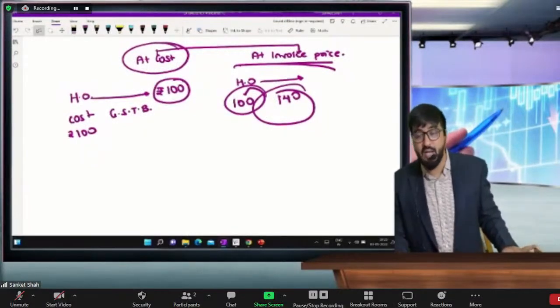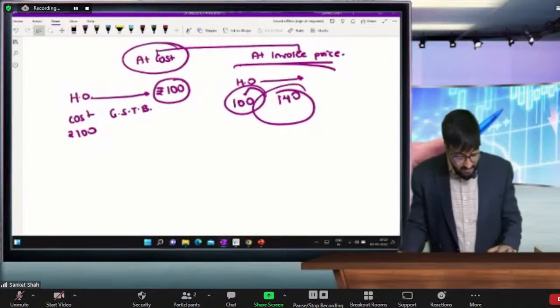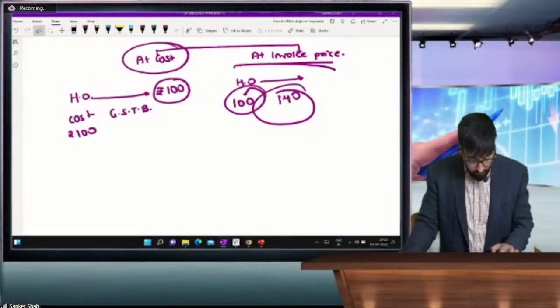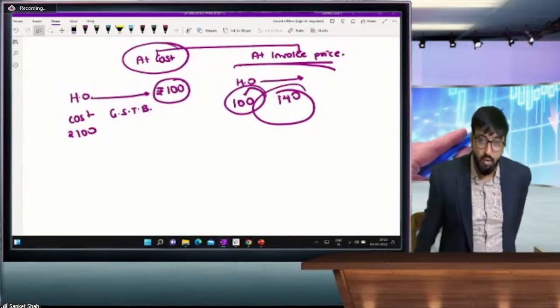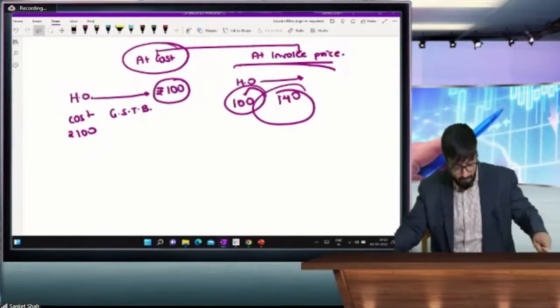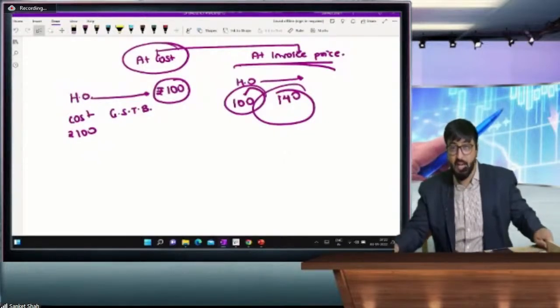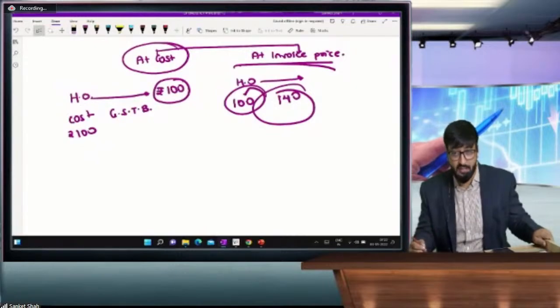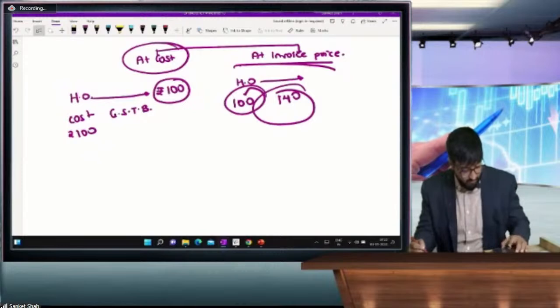In which will the profit be more? Yes, you have to tell me in the comment section. Tell me quickly, profit will be more at cost or at invoice price? Who is answering very fast? Ritika Verma answered.